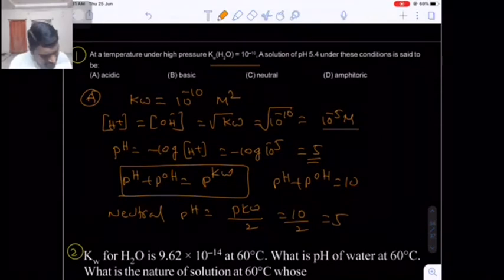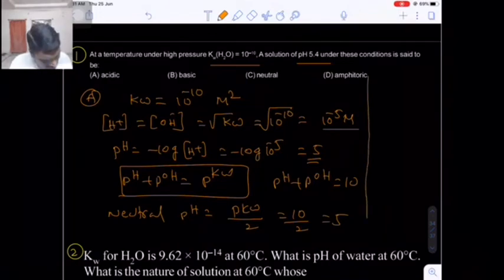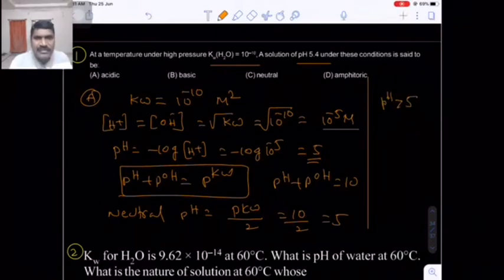Now the question is, the pH of the solution given how much? 5.4. That means if the pH of a solution is greater than 5, that is 5.4, greater than 5, the aqueous nature of the solution will be basic in nature.